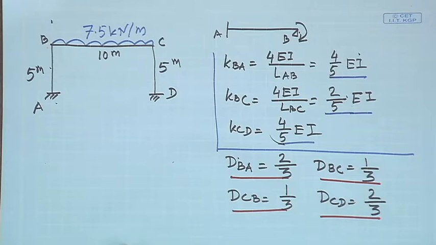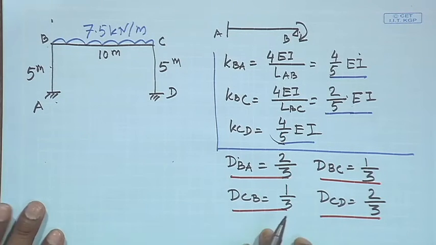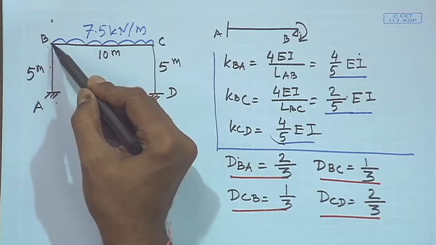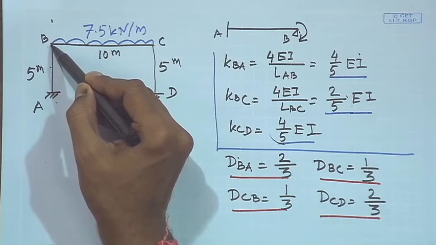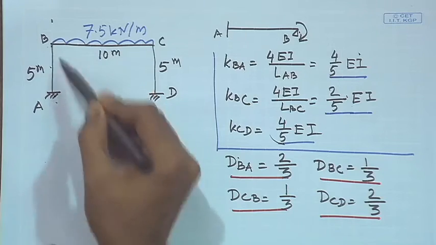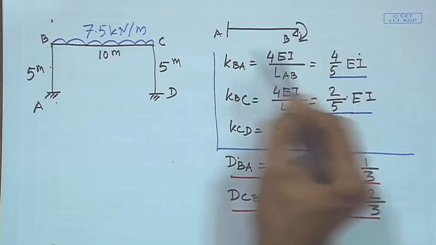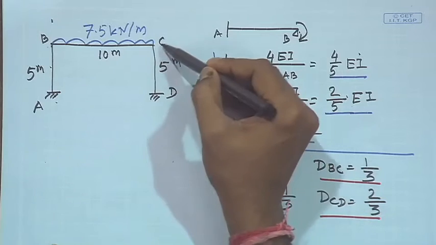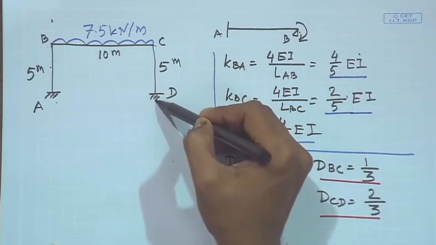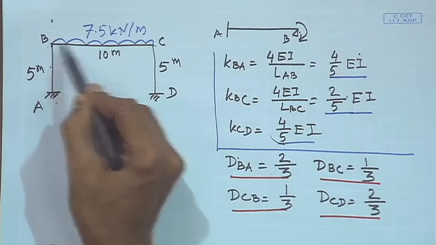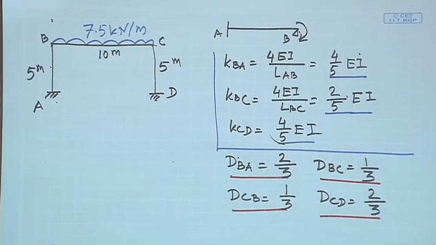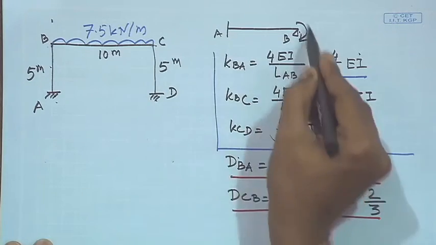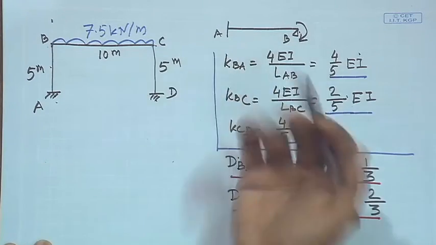Now we need the carryover factors. If you apply a moment at B, this moment will carry over to the far end, because of this idealization. Similarly, if you apply a moment at C, it will carry over to the other end. The moment at B will be carried over to C, and the moment at C will be carried over to B. Since this is the fixed-end idealization, the carryover factor will be half.